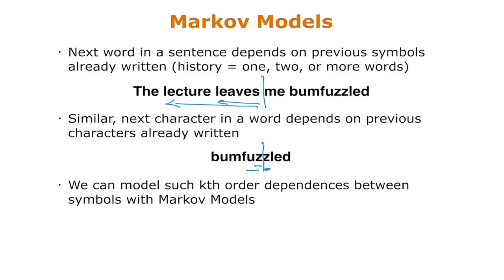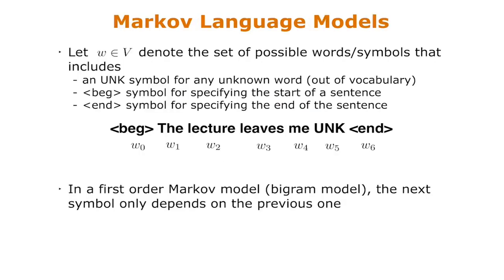A kth order Markov model is a simple probability model giving a distribution of what comes next based on looking at k steps backwards. Our task here is to define a probability distribution over sentences. To this end, we need to refine our setup a little bit.